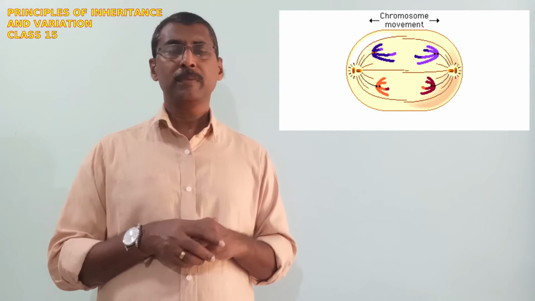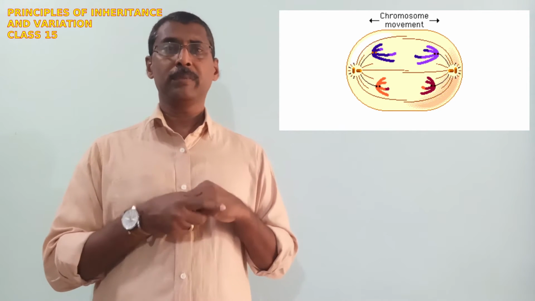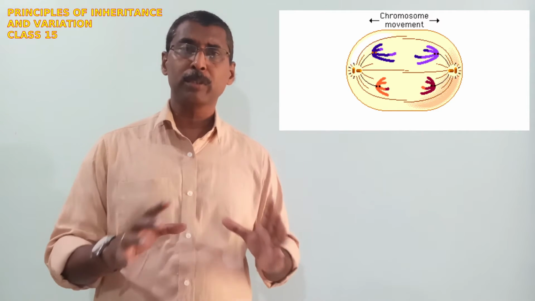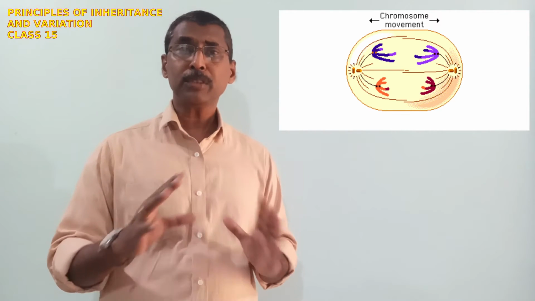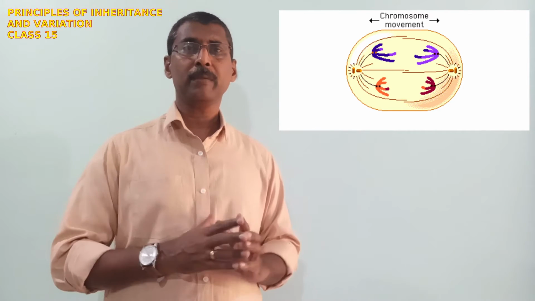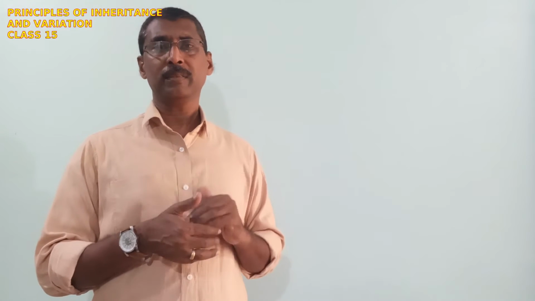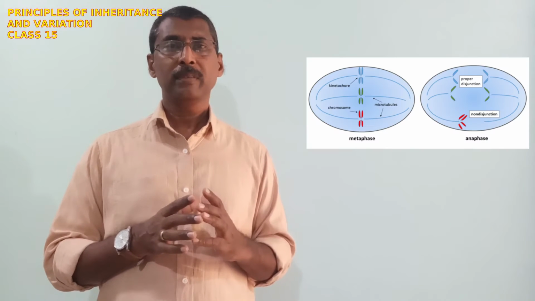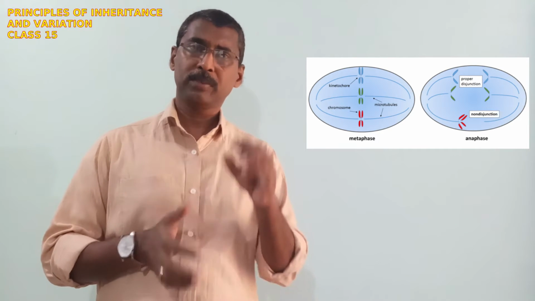But sometimes, due to an error in the cell division, these homologous chromosomes fail to be separated. They fail to be separated, and these homologous chromosomes move together to one pole. And the opposite pole does not have any chromosome of that set.